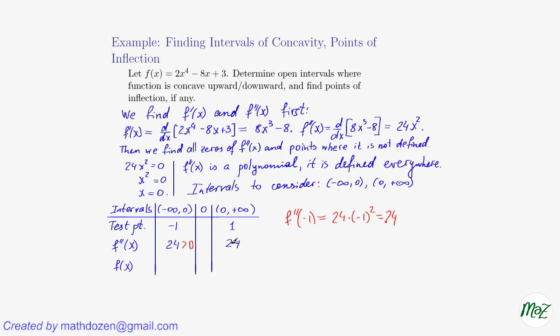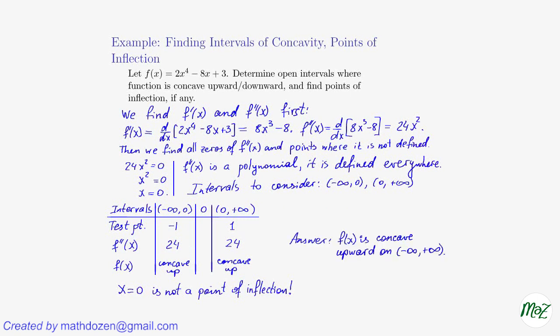So the second derivative is positive at -1. Likewise, if x is +1, we get the same answer, 24, which is a positive number. That allows us to claim that the function is concave up on both of those intervals, because the second derivative is positive. And x equals 0 is not a point of inflection in any way.